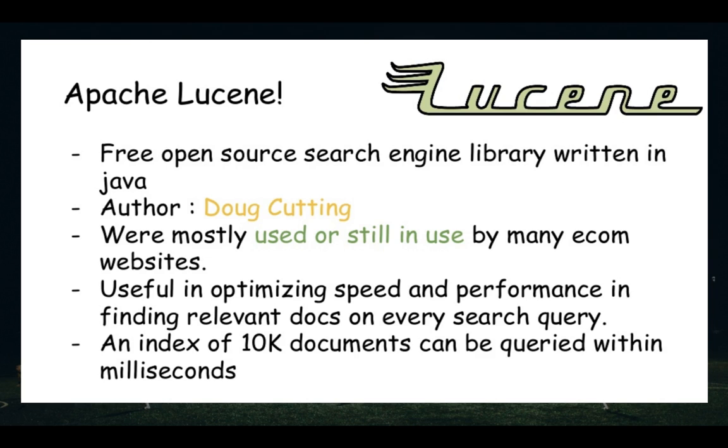Elasticsearch is built on top of Lucene, which is also a free open source search engine library written in Java. The author of Lucene is Doug Cutting. An index of 10,000 documents can be queried within a millisecond using Lucene.